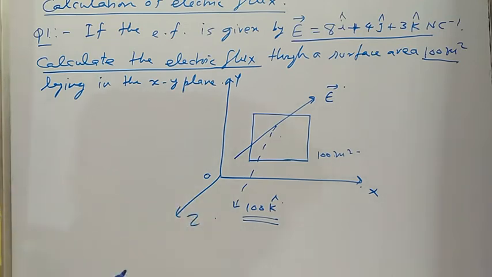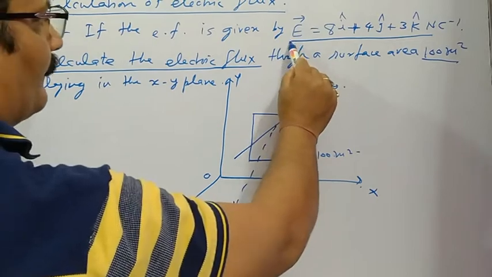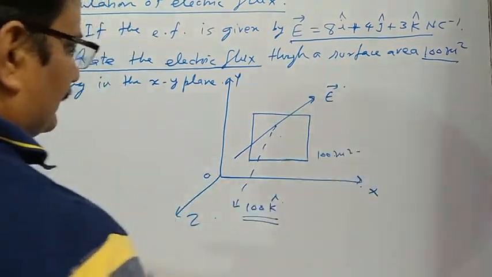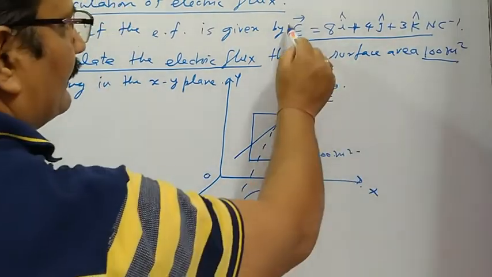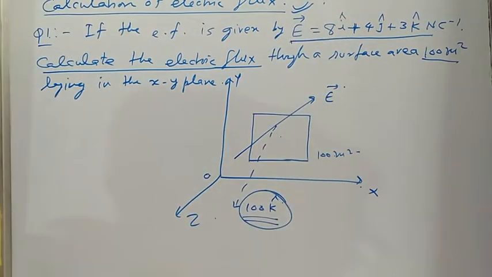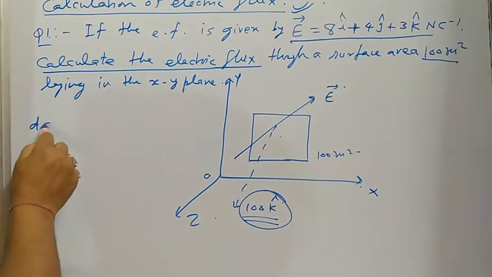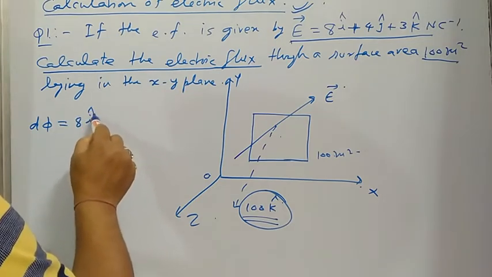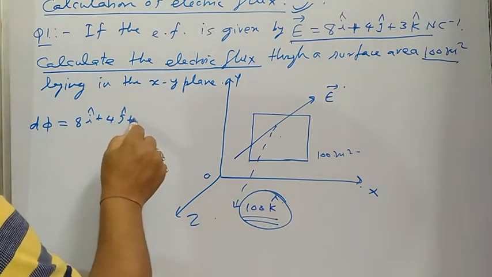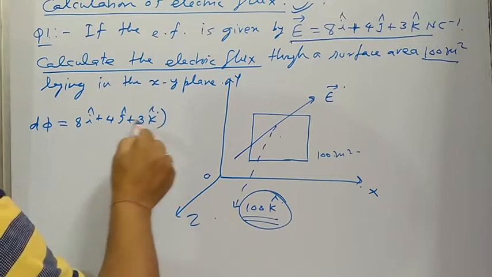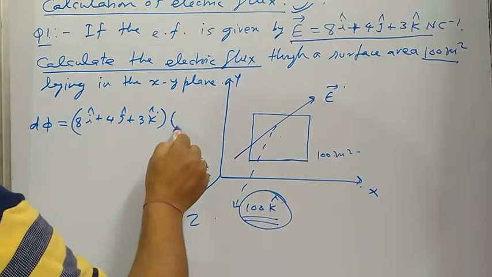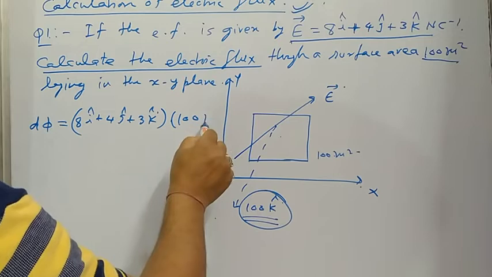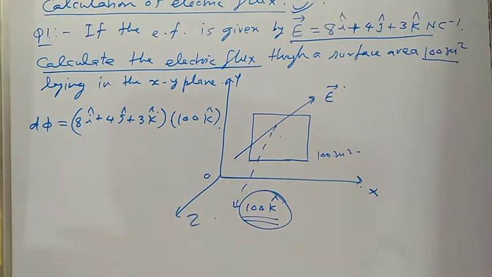To calculate the flux associated with that surface, we simply have to find the dot product of these two vectors, 100 k cap and the electric field vector. So the flux d phi is going to be 8 i cap plus 4 j cap plus 3 k cap dot 100 k cap.